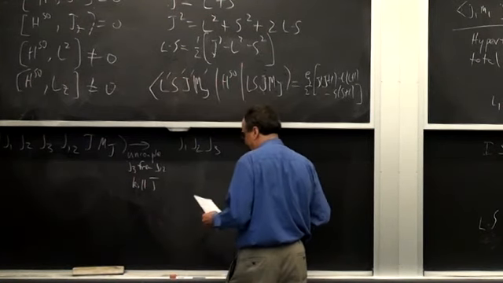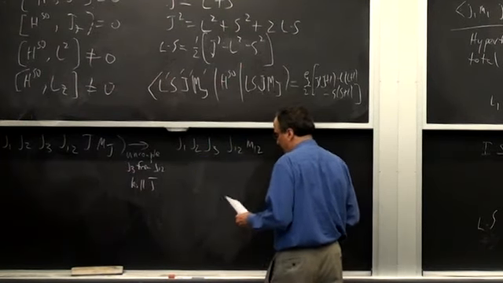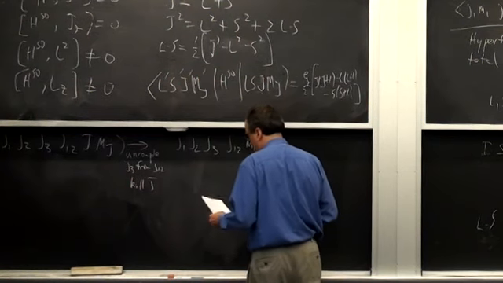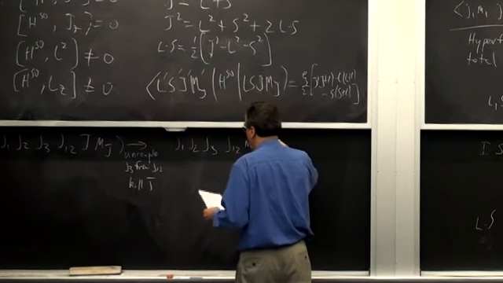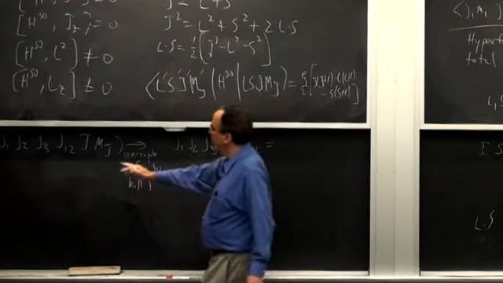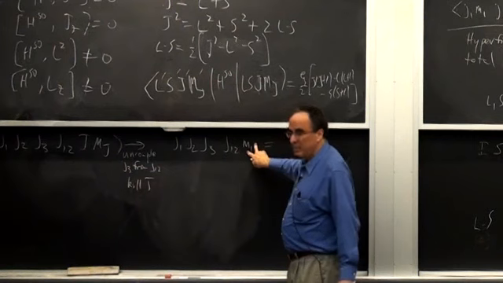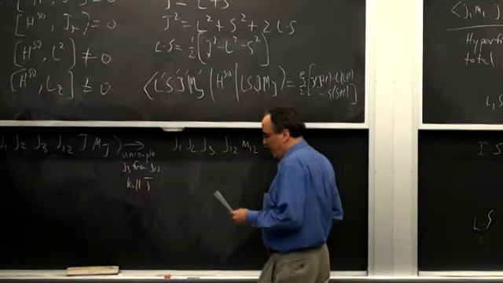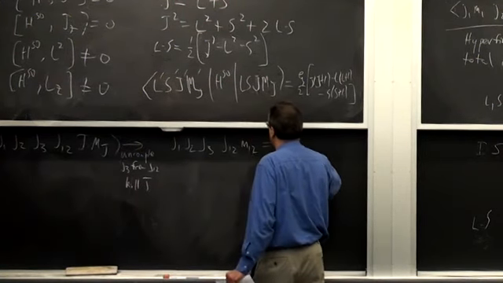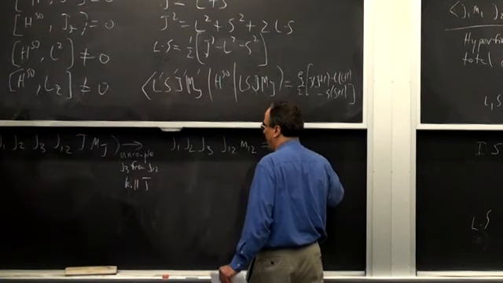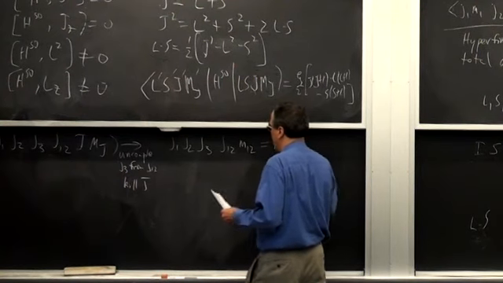So we have J12, M12, and you see we got rid of J and replaced it by M12. Now M12 is given by this conservation, so it's MJ.